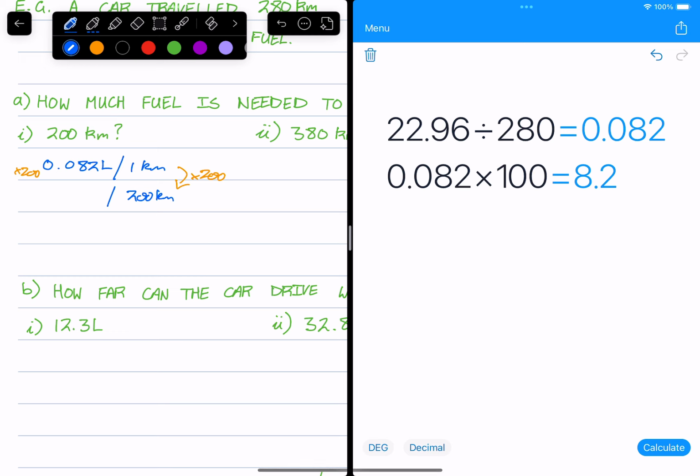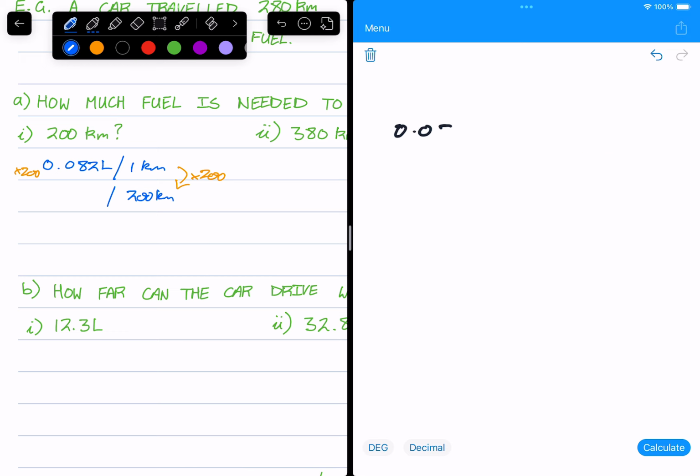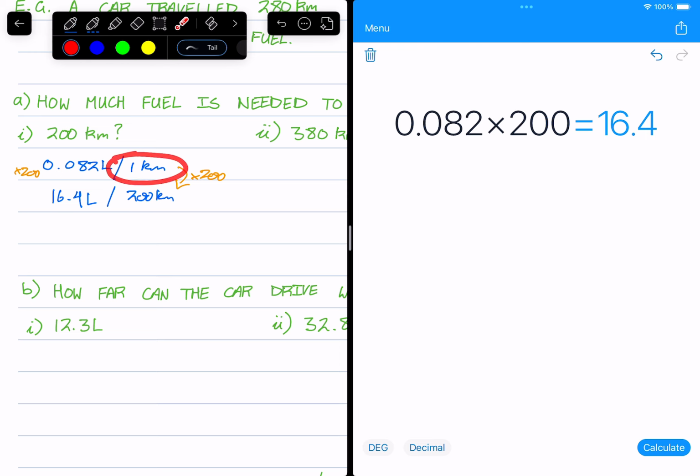So that gives us 0.082 times 200. That gets us 16.4 liters per 200 kilometers. So notice how we can use that unitary rate to easily calculate what we need.